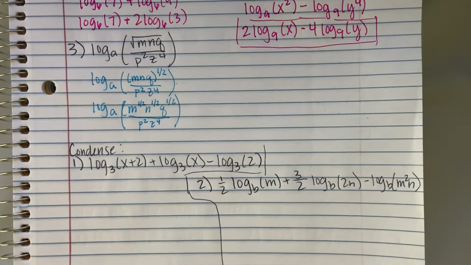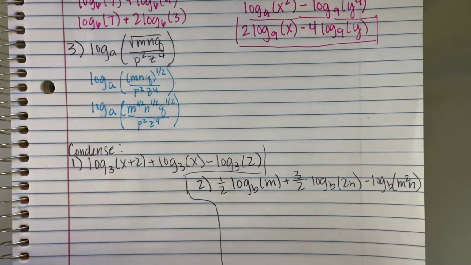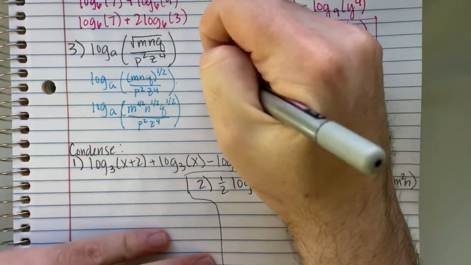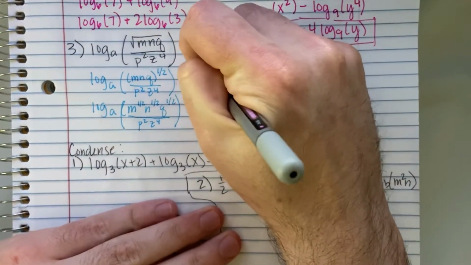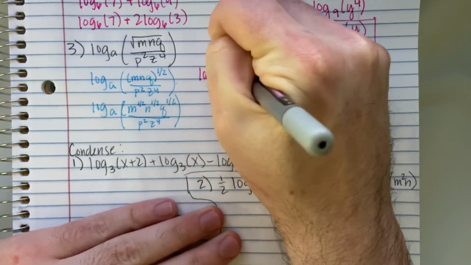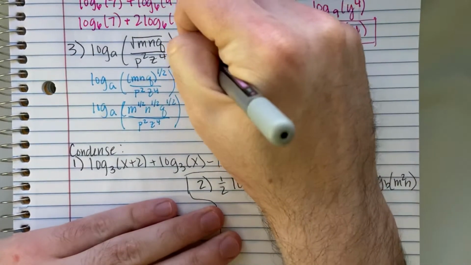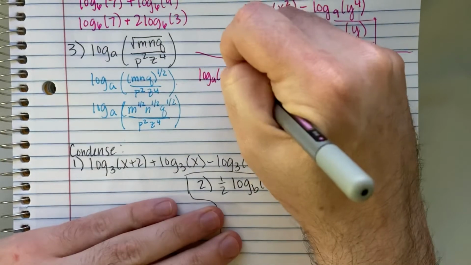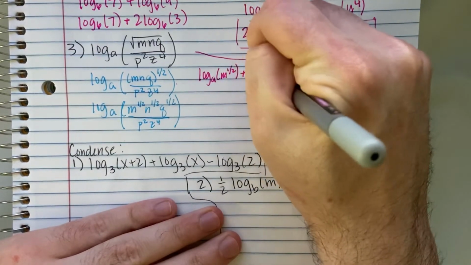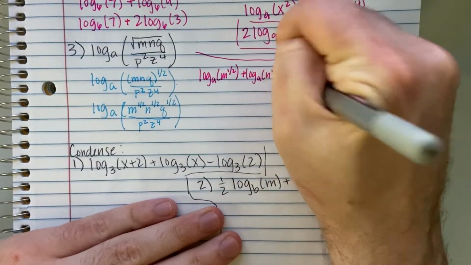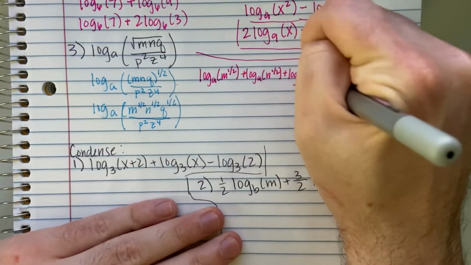Now, anything in the numerator we can break all of these apart in one step. Anything in the numerator will be positive. Anything in the denominator will get a minus sign, so it would be negative. So I'm going to break all of these in one step. This is log base a of m to the 1/2 plus log base a of n to the 1/2 plus log base a of q to the 1/2.